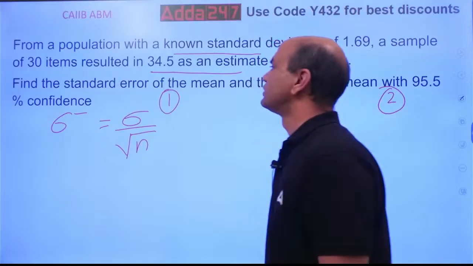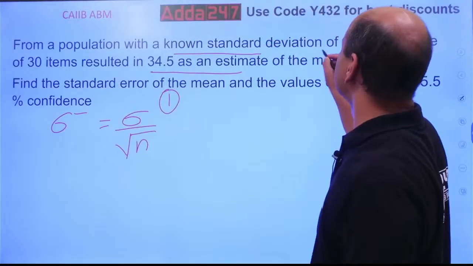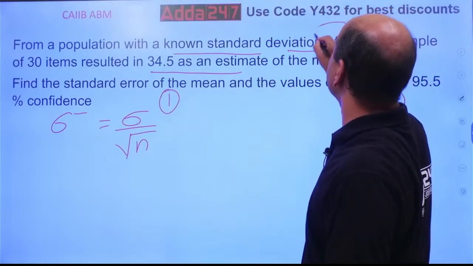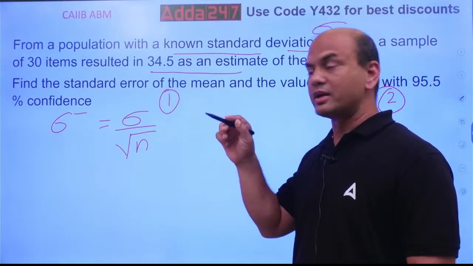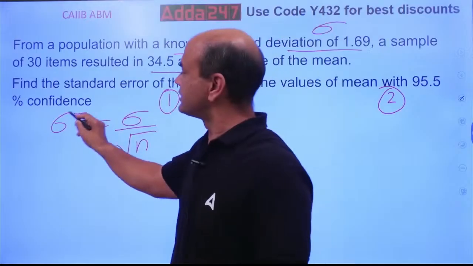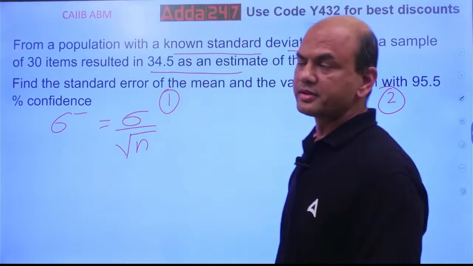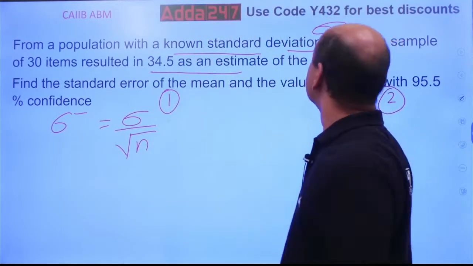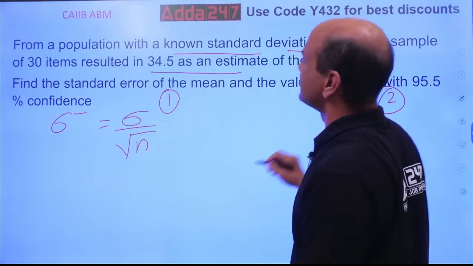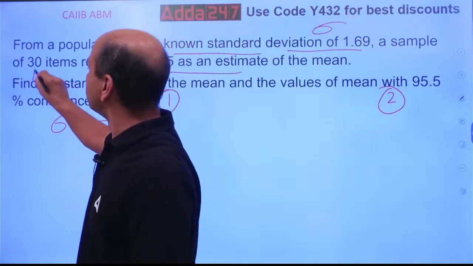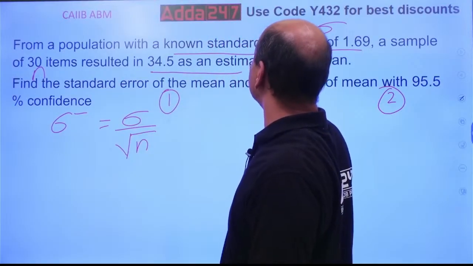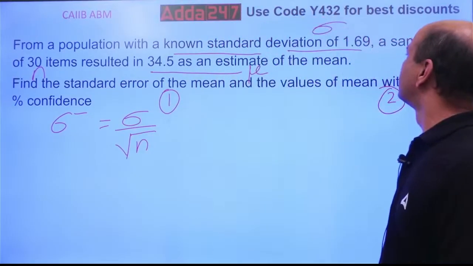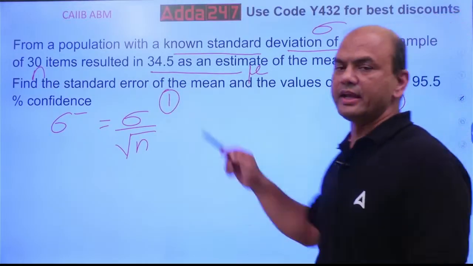Psi is known as the standard deviation, and it is given. Psi is written like the Greek letter, like 6, but the end is long. Sample size is n, so 30 is n, and this is the mean, mu. So psi, n and mu.